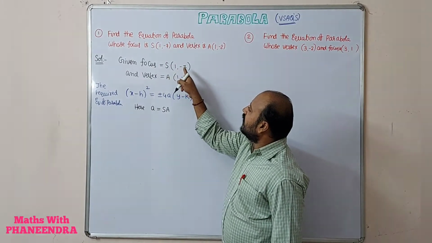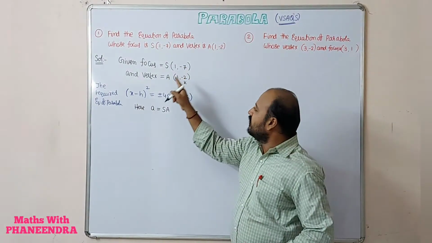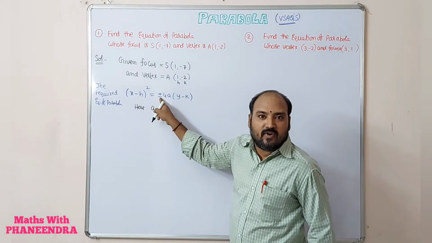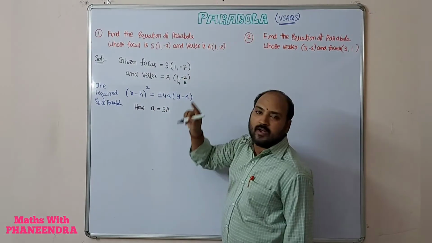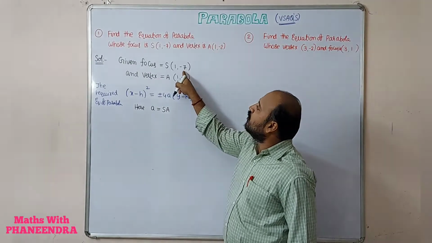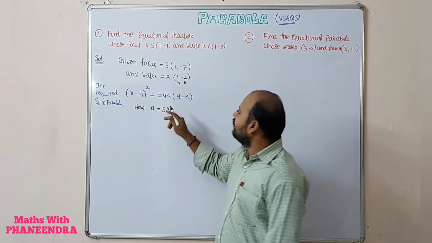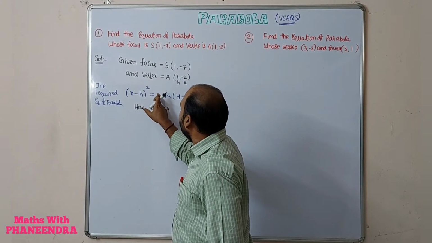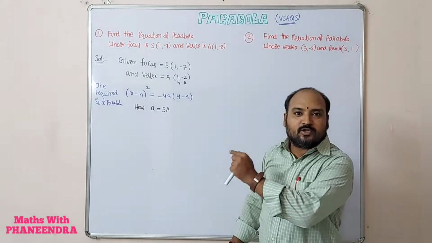If the focus y coordinate is negative, here minus 4a will come. If the focus y coordinate is positive, plus 4a will come. According to this question, focus y coordinate is minus 7, so here minus 4a only will come. I hope you understand, dear students.